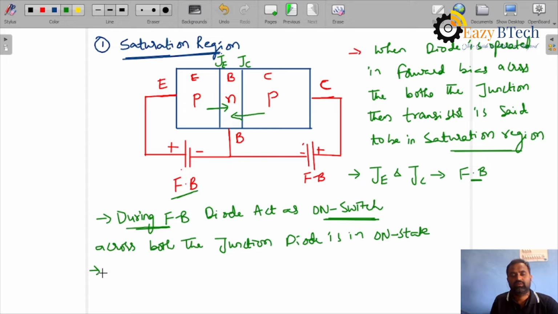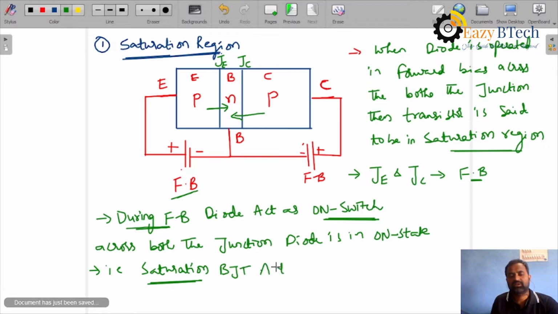That is why in saturation, the BJT acts as an on switch.